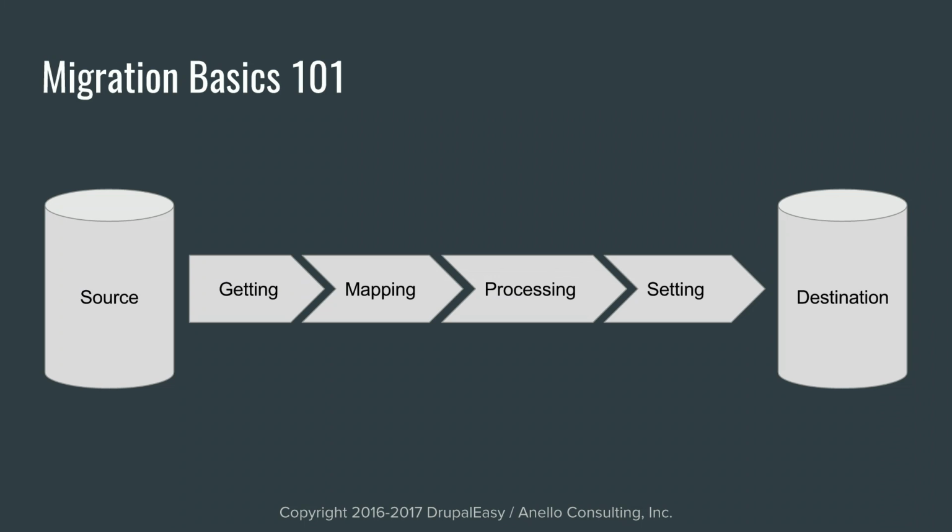Everything in the middle, we break into two big buckets. Number one is mapping. So we got some data. The mapping dictates where that data ends up ultimately. And then we've got this text string out of the source. The mapping tells us, oh, well, that's a title for a node in the destination.